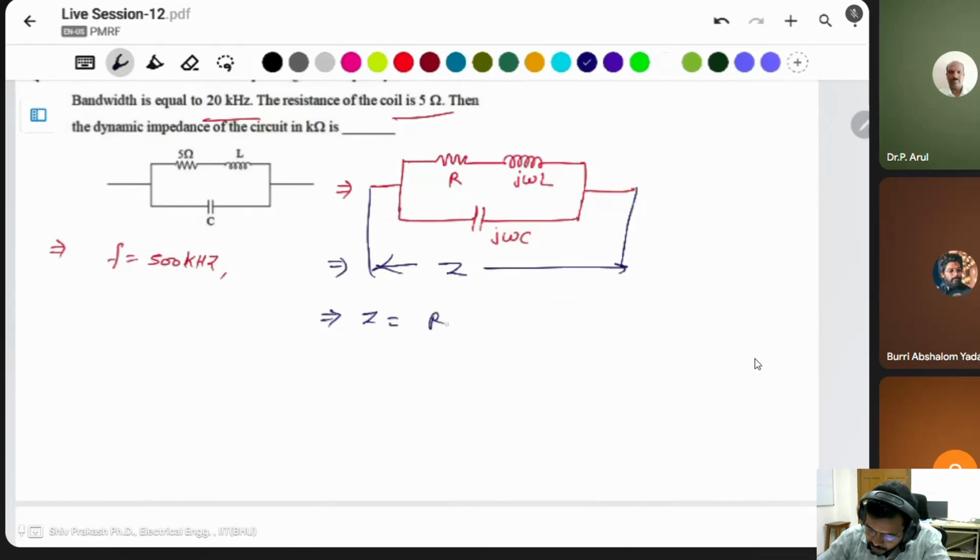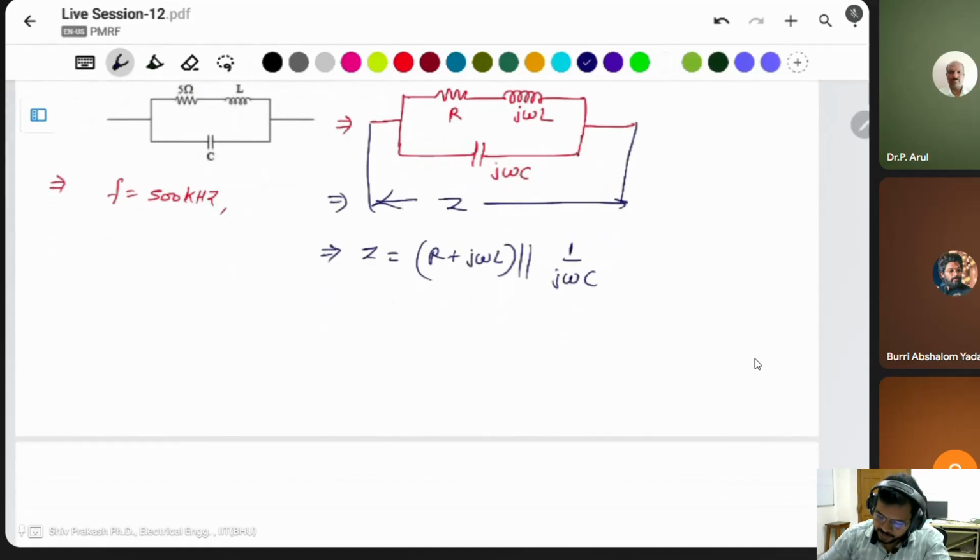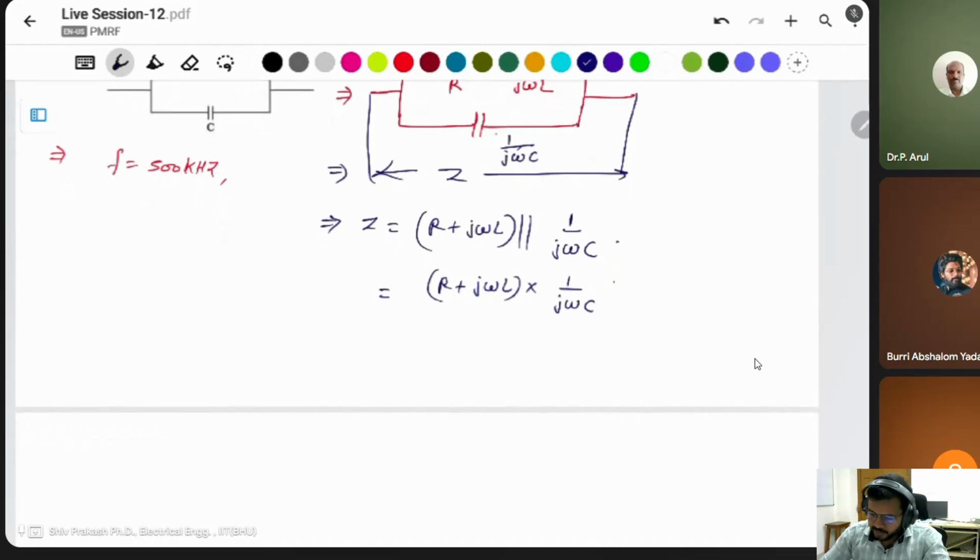It is R plus j omega L in series, and in parallel with 1 upon j omega C. So this is the impedance: R plus j omega L multiplied by 1 upon j omega C. Sorry, by mistake I wrote j omega C; it is 1 upon j omega C. This is divided by the summation of everything: R plus j omega L plus 1 upon j omega C.